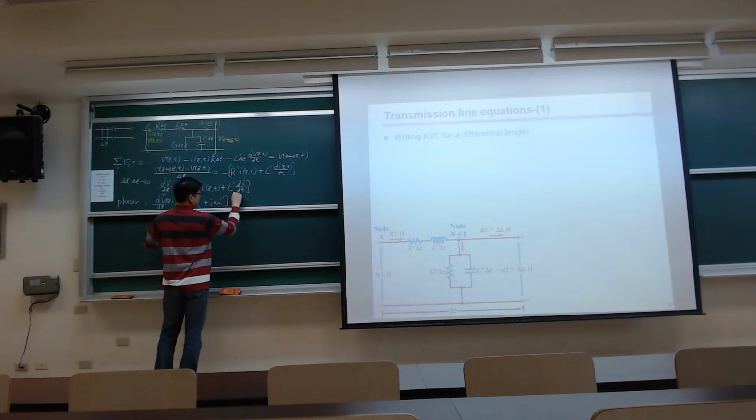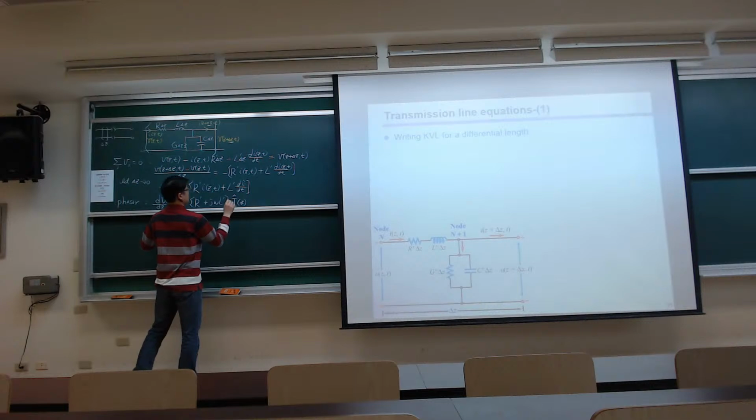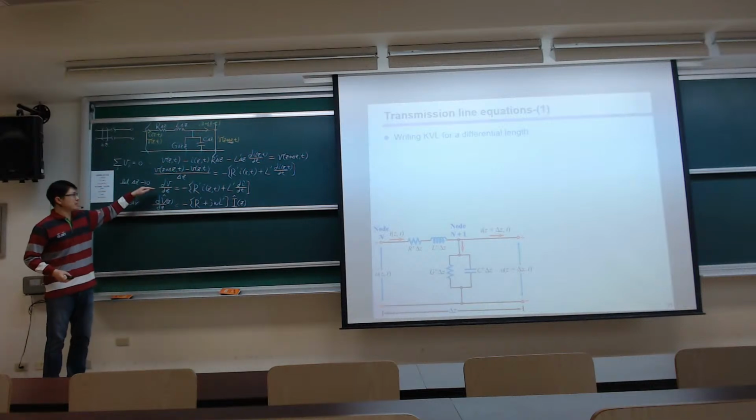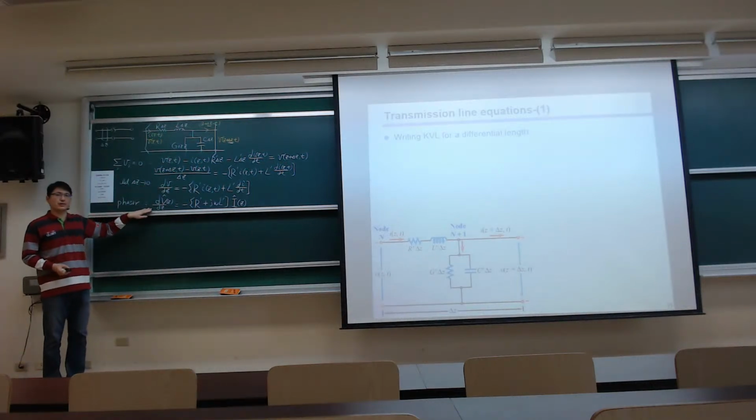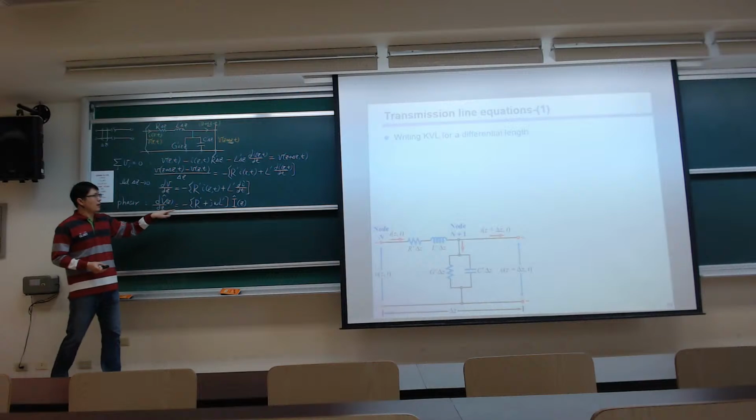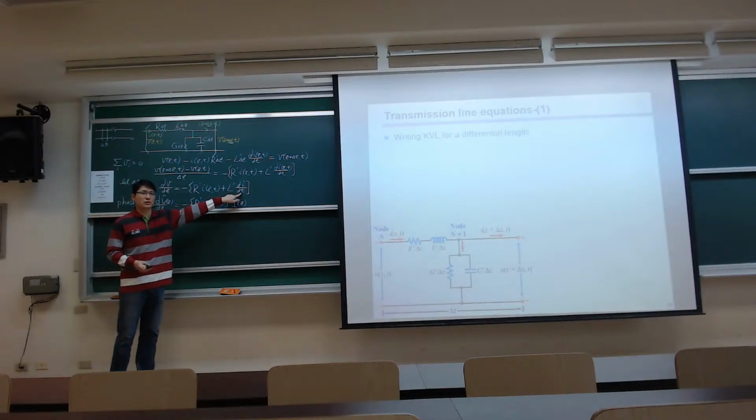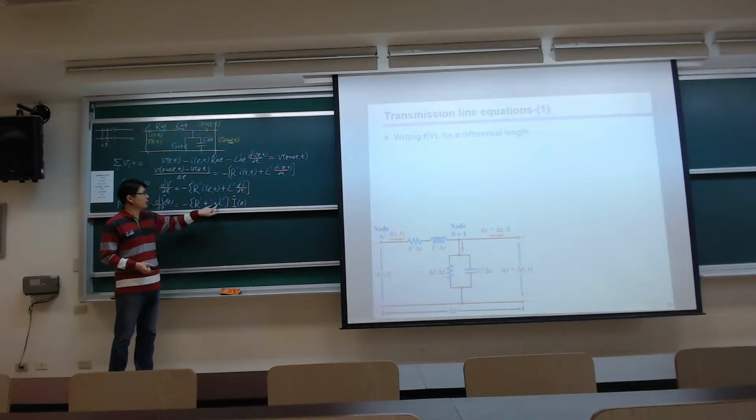So the beauty of converting the same equation into the phasor domain is now you don't have partial differentials, because you remember, if you have a partial differential in time, you multiply by j omega.